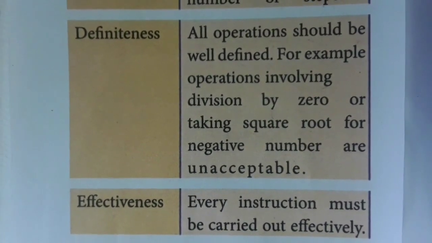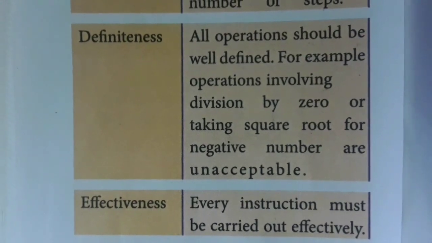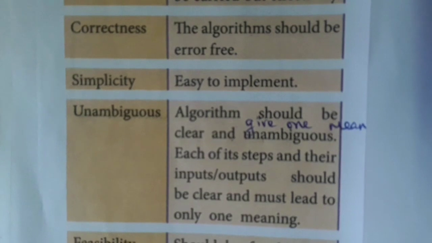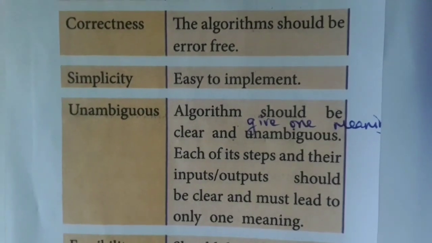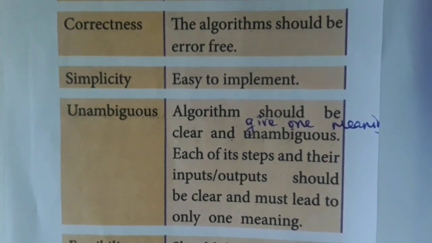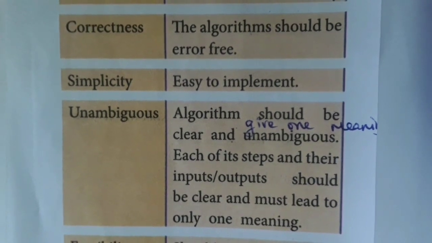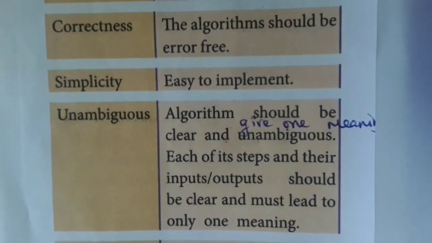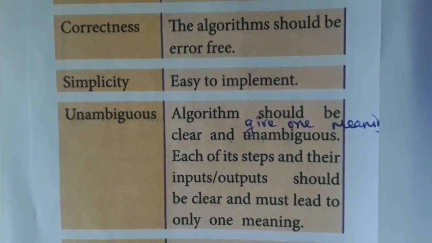Then effectiveness, every instruction must be carried out effectively. Correctness, the algorithm should be error free. Then it should be easy to implement, that is called simplicity. Next one is unambiguous. Whatever instruction we give in the form of algorithm should be clear and should be given one meaning.